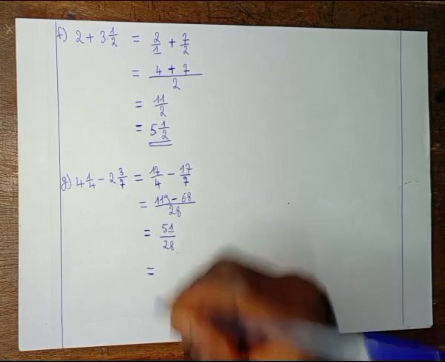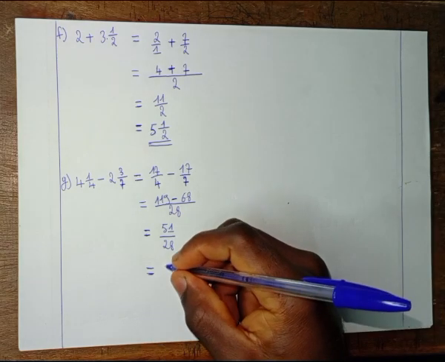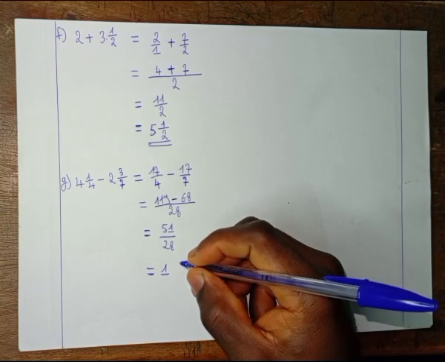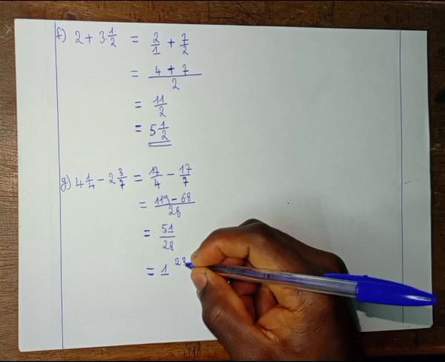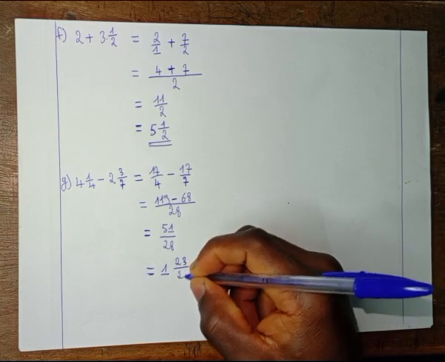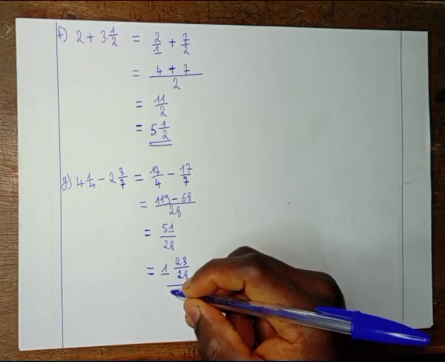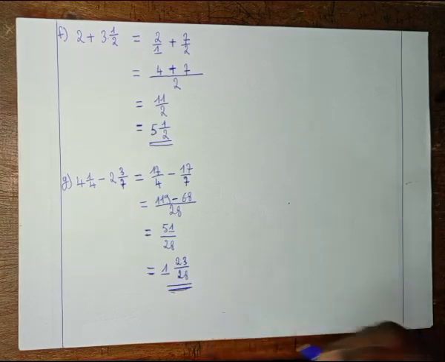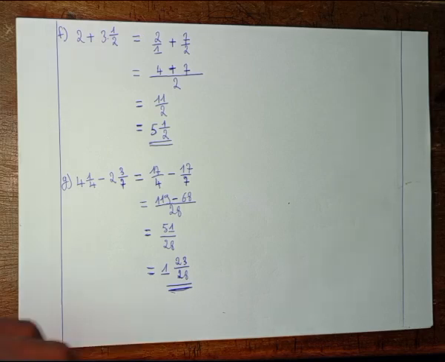If we divide 51 by 28, the whole number part will simply be 1, and the remainder will be 23. So this will give us 1 and 23 over 28. This is the answer. We go now to question H.